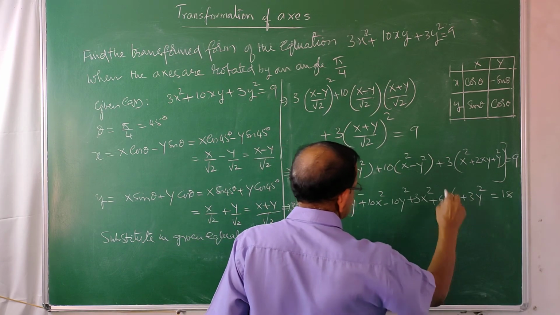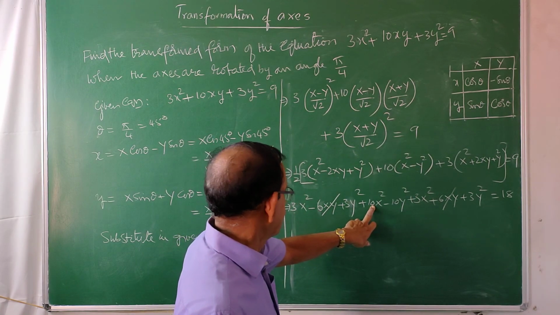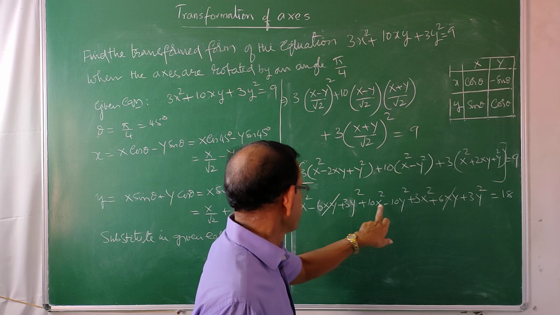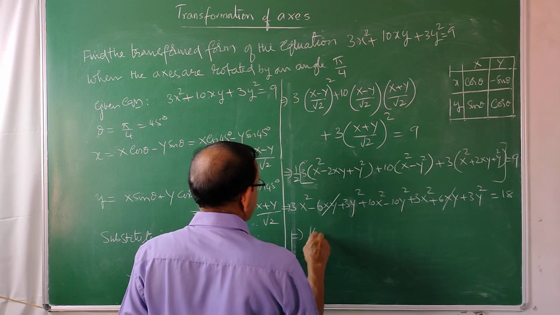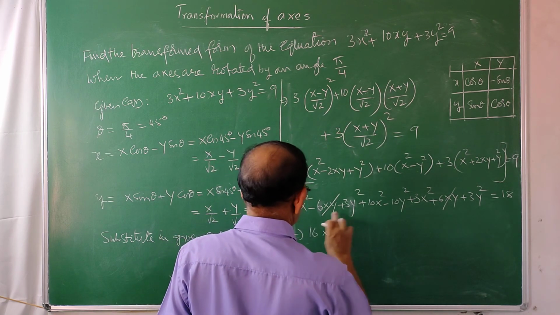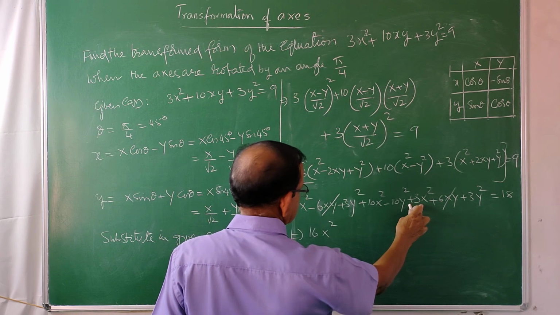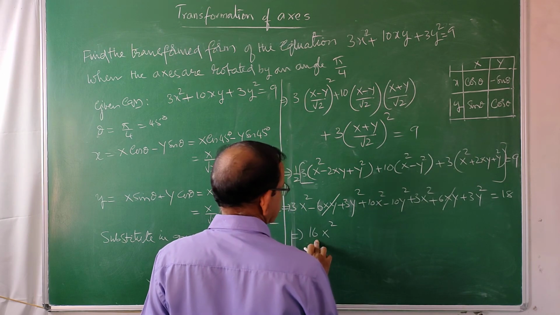Now 3X² plus 3X² plus 10X², that is 16X², 3 plus 3, 6 plus 10, that is 16.